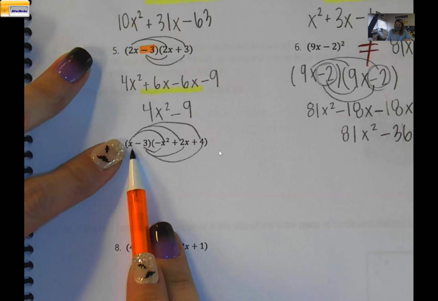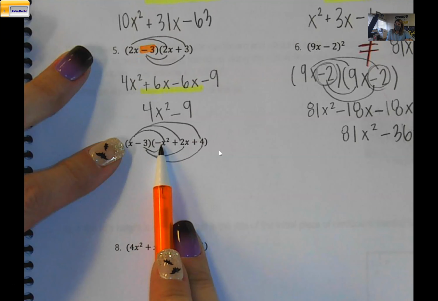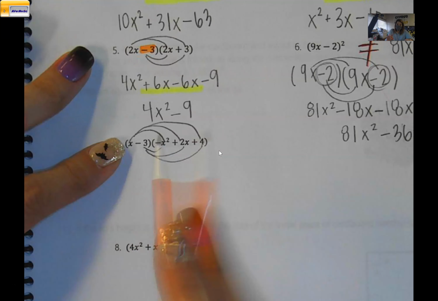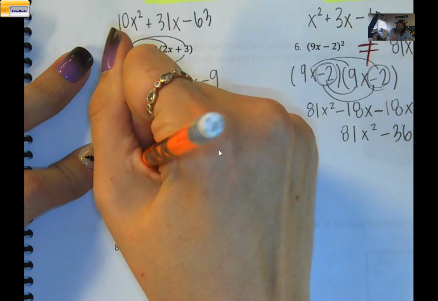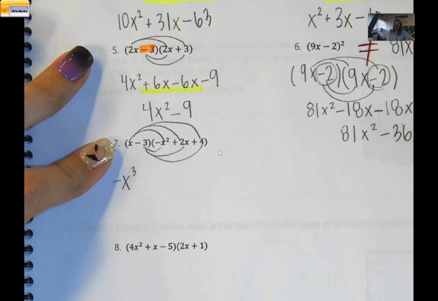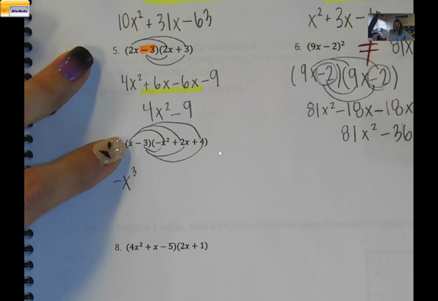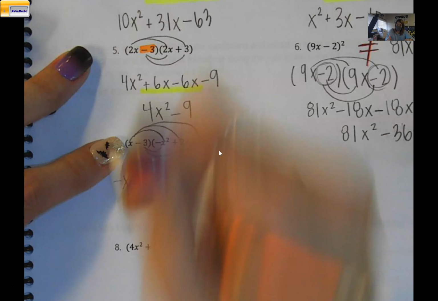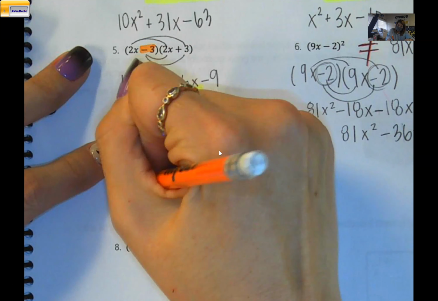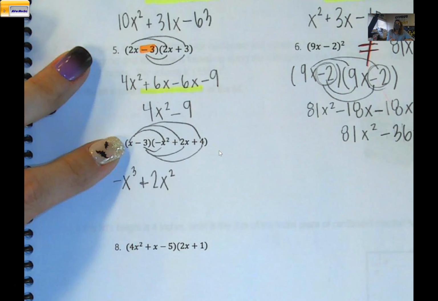The first one is x times negative x squared. That's going to give you negative x cubed. Then next up, x times positive 2x is going to give you plus 2x squared.